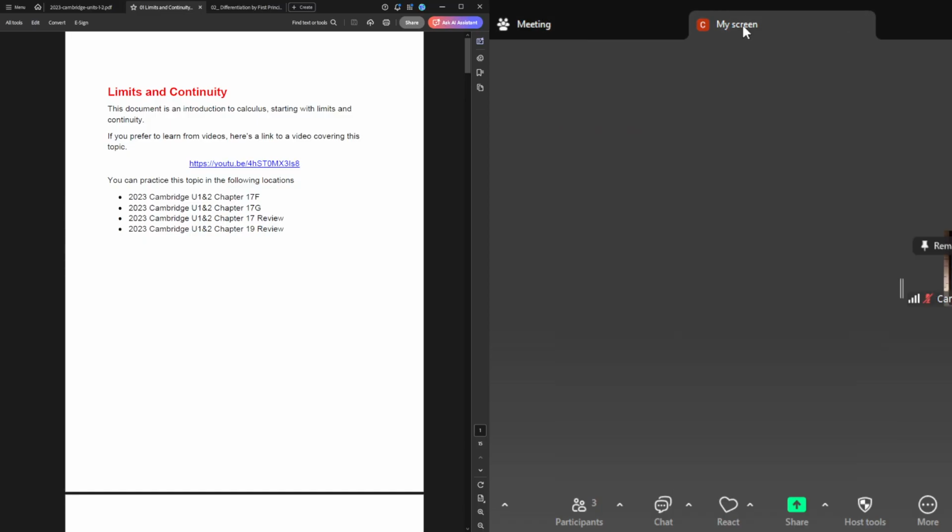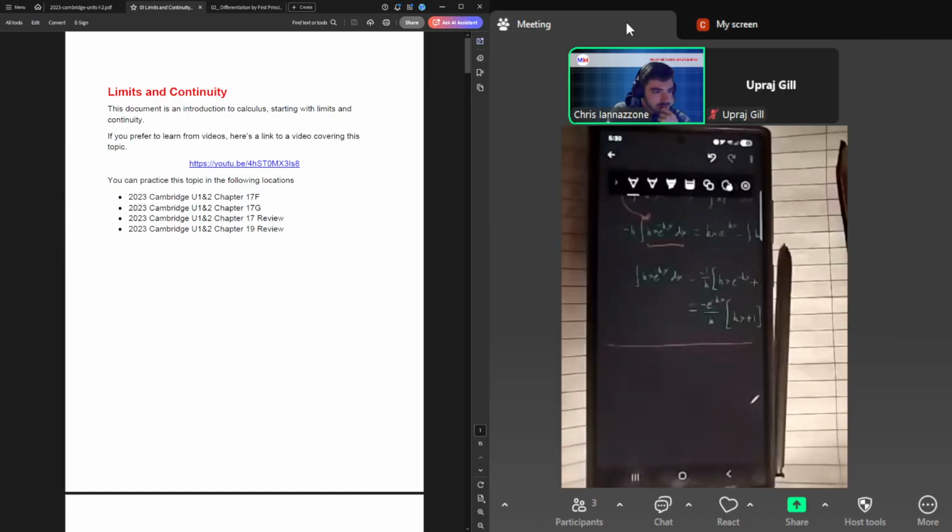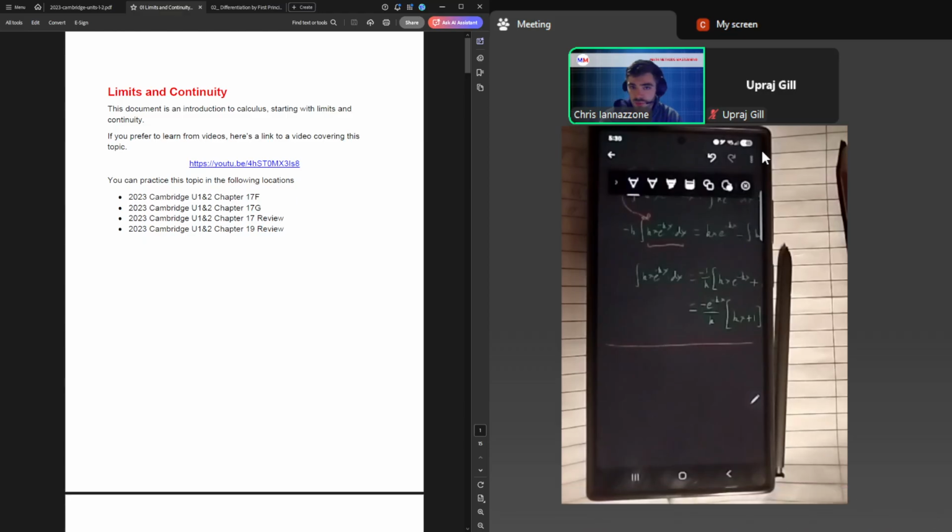So, for today's lesson, the main focus of the lecture portion is going to be on basically introducing this idea of differentiation by first principles. And so essentially we're going to start by building up some of the foundational elements of how differentiation came to be.